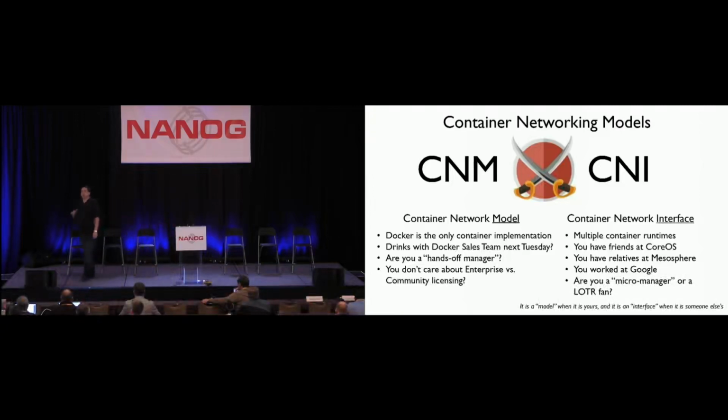They're not interested in running any other runtime. If you think about enterprise computing, if you want to support, let's say, 5 different types of switches, it's very hard in a data center. So you usually stick with a couple of vendors, right? Same idea here. You stick with Docker as your container runtime, so you inherit that model with it.